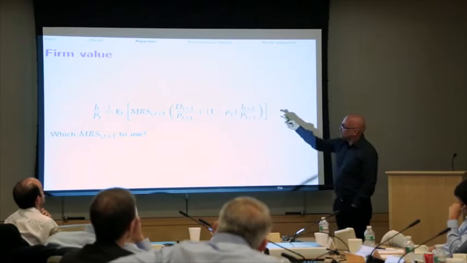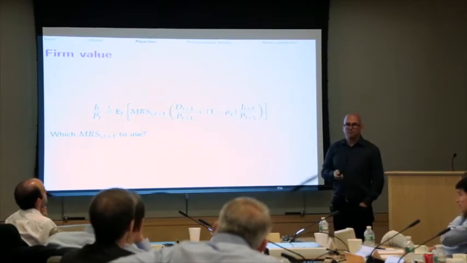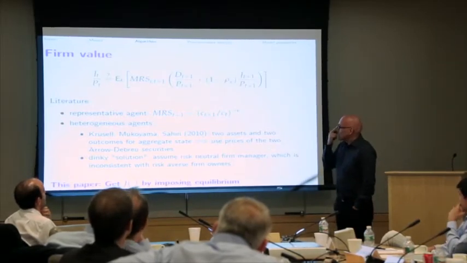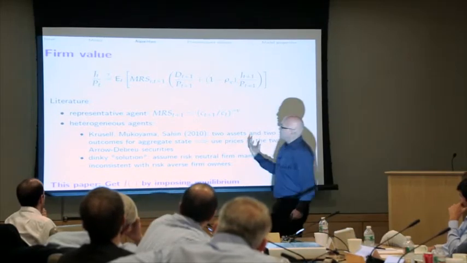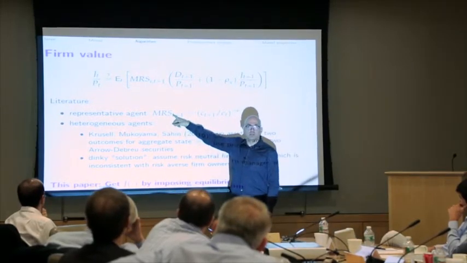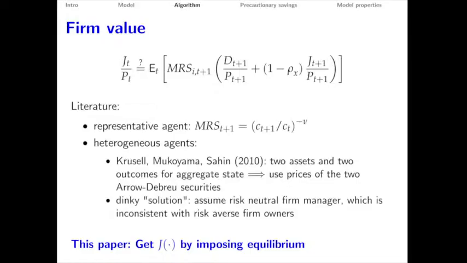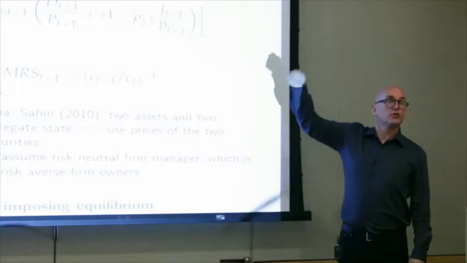But over here, we got one of these equations for every agent. So what people do in the literature, if you have a representative agent, you just pick the marginal rate of substitution of the representative agent, and then it's easy to find the j. Now there are papers that have an equation like that with heterogeneous agents, like in our setup.